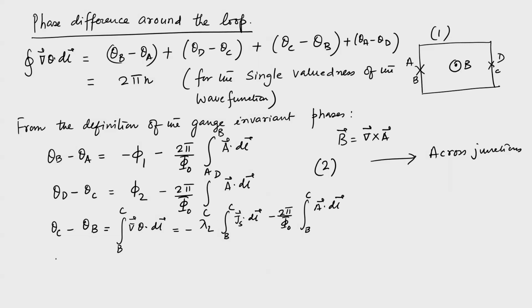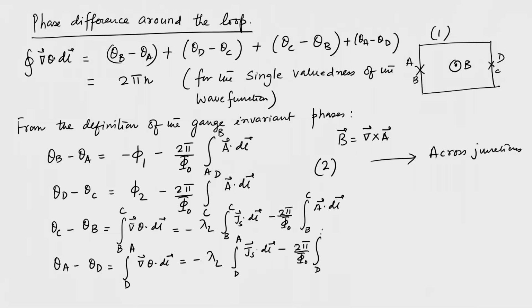And then the other thing is theta a minus theta d, which is the integral from d to a of the gradient of theta dotted with dl, equal to minus lambda L times the integral from d to a of Js dot dl, minus 2 pi over phi 0 times the integral from d to a of A dot dl, and this is across the superconductor.